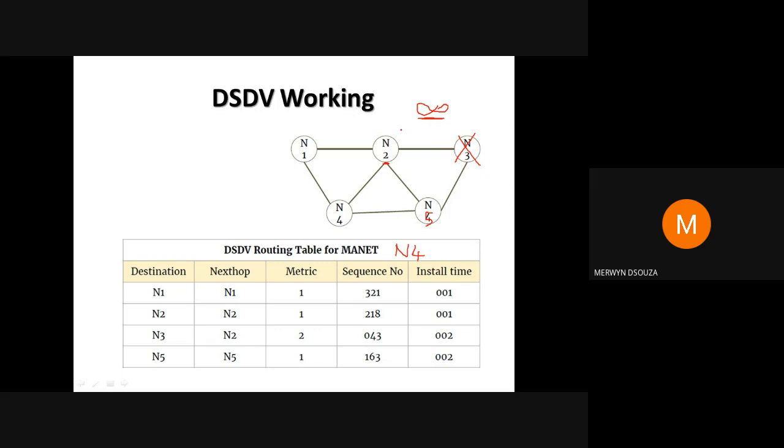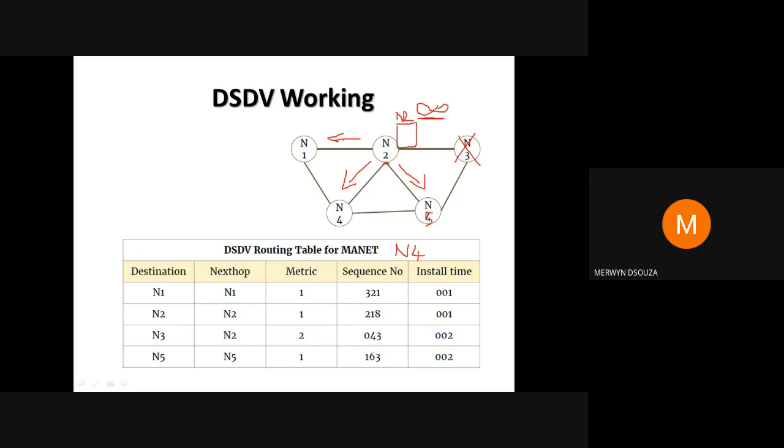So once it updates its table, this is the table for N2, it broadcasts this table. It sends it across to all its neighbors. Like I told you, it will be using one of the two types of packets for updating the routing information, full dump or incremental.